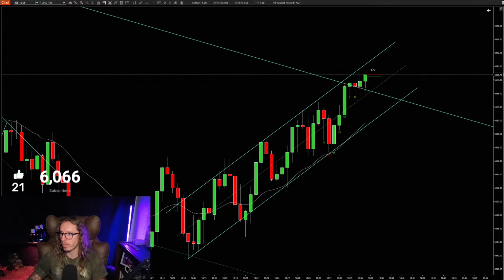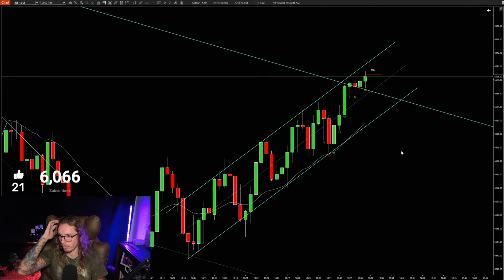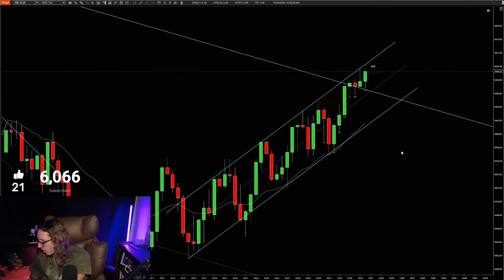Okay, so Tradovate's data is going to look a little different than mine too, I think. I've never used Tradovate, but NinjaTrader owns them, I think, at this point. I think they bought them or whatnot.